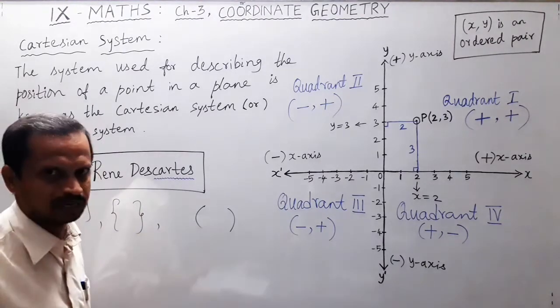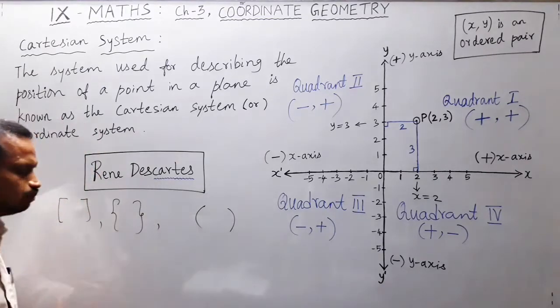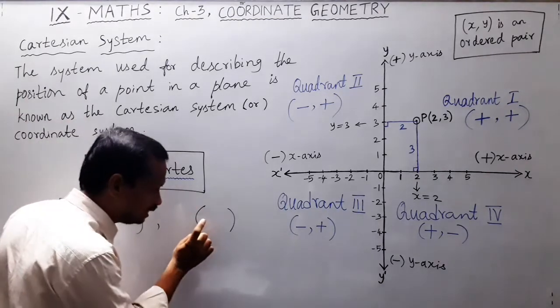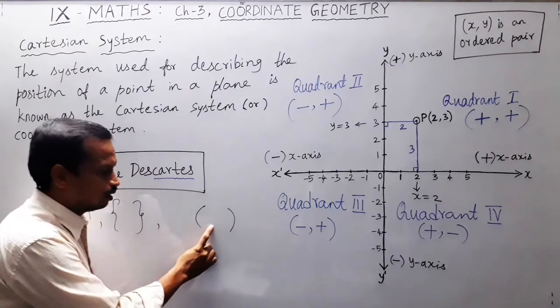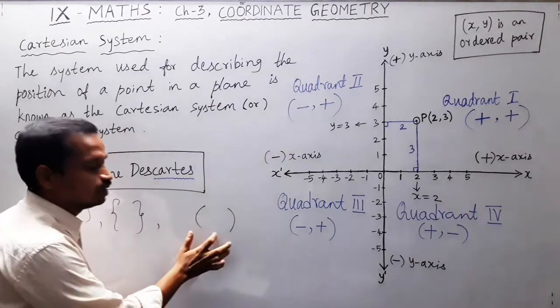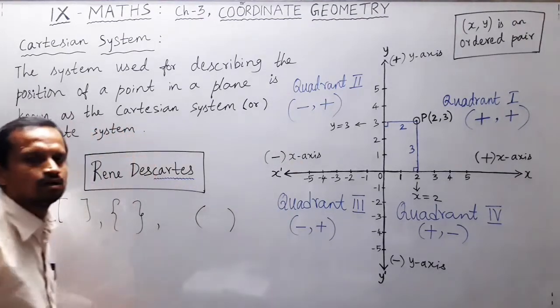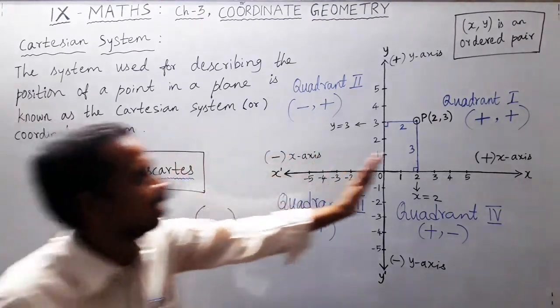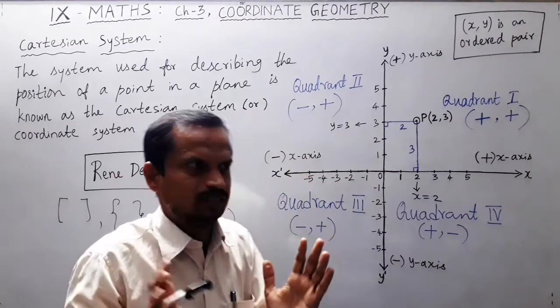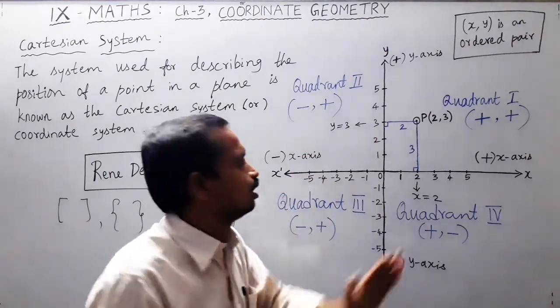But here we should use only this bracket, or braces, like that we can say. This is used to represent the point. So this bracket is used to enclose a point.